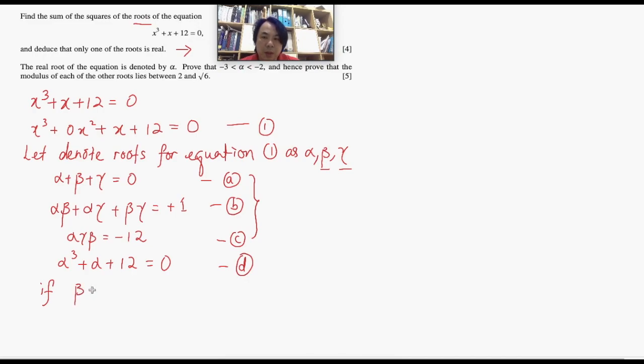Therefore, if beta is denoted as a plus ib, where a and b are real numbers, then gamma will be its complement, or its conjugate. So if these are complex roots, they always come in the form of conjugates.